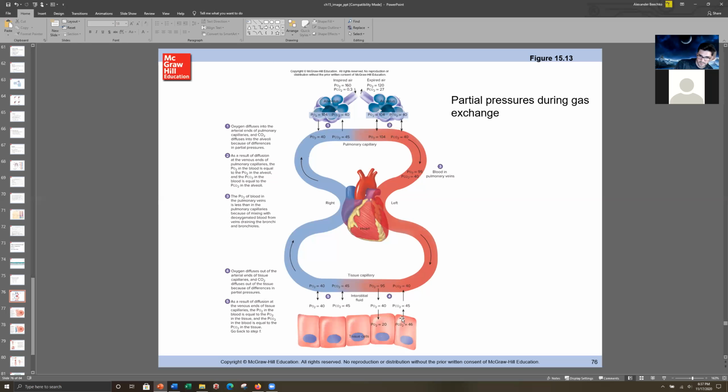And we've got a much higher partial pressure of oxygen in the capillary versus in our tissue right here. Then as a result of diffusion at the venous ends of the tissue capillaries, PO2 in the blood is equal to PO2 in the tissue, and PCO2 in the blood is equal to PCO2 in the tissue. Then we go back up here to step 1, and we do it all over again.